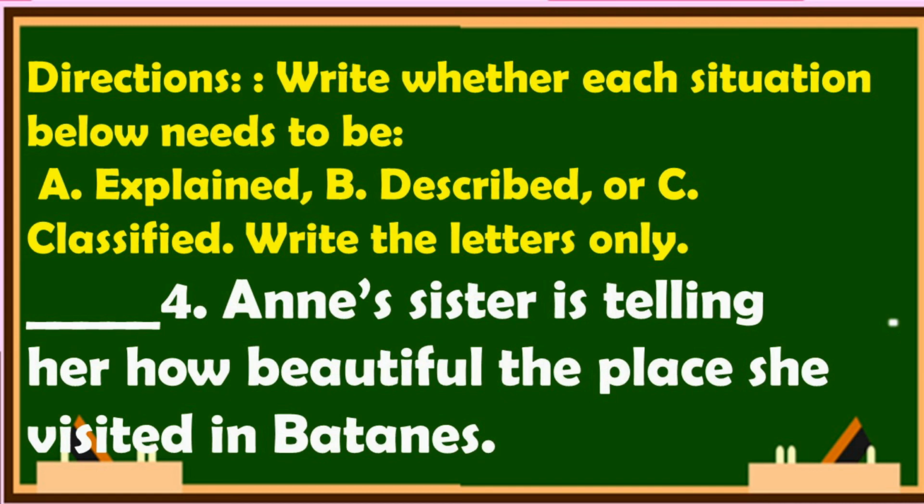Number 4. Anne's sister is telling her how beautiful the place she visited in Batanes is. What is the correct answer? Yes, the correct answer is letter B, described, because Anne's sister is describing the places in Batanes.